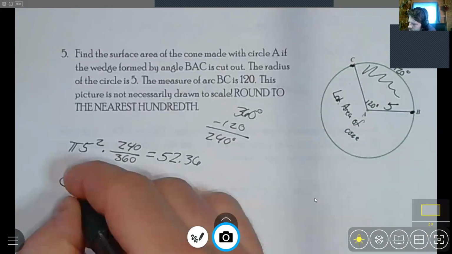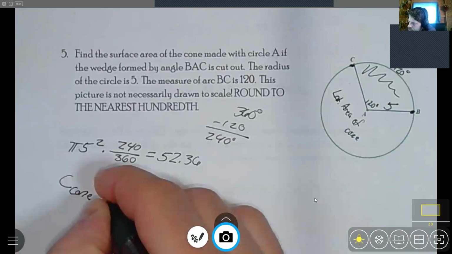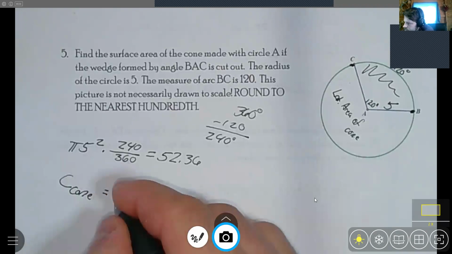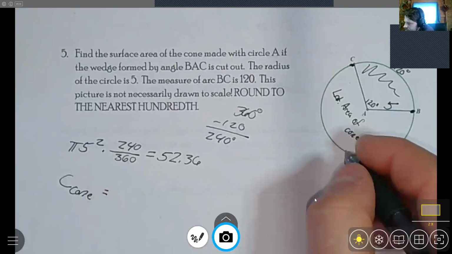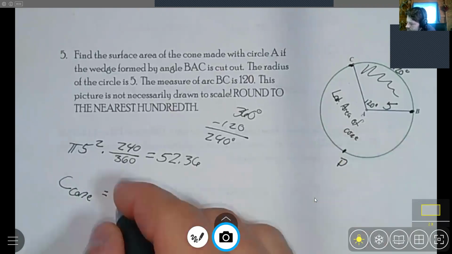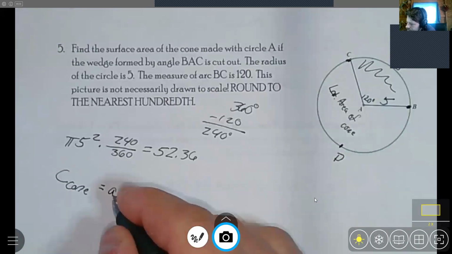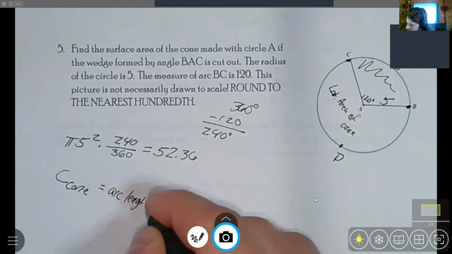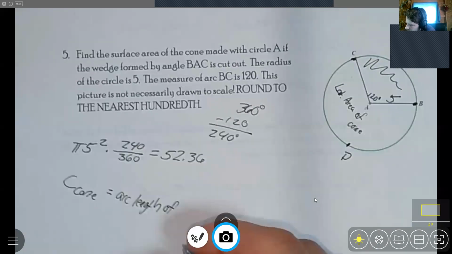So the circumference of the cone, let's just say this was D, is equal to the arc length of arc BDC.